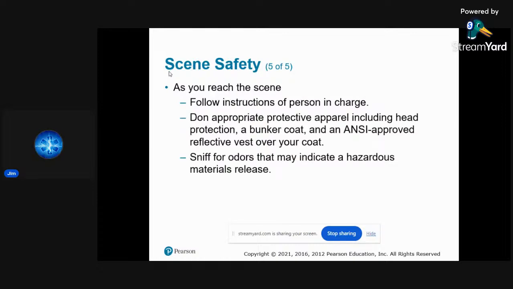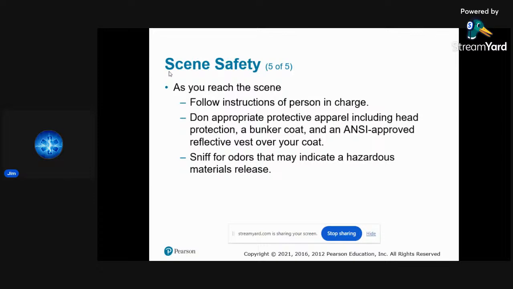As you reach the scene, you're going to follow instruction of the person in charge, which is your scene commander. In most instances, it's the fire chief or the highest ranking fire official who is usually your incident commander. We're going to put on the appropriate PPE, which could include head protection, bunker coat, and a reflective vest.